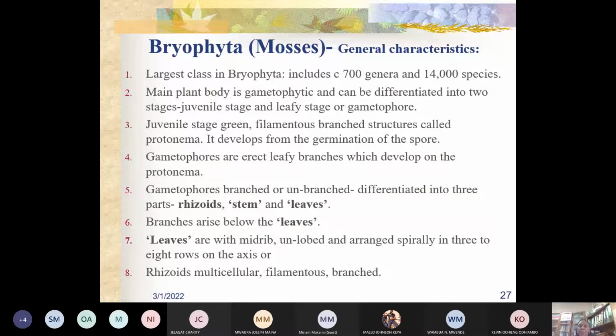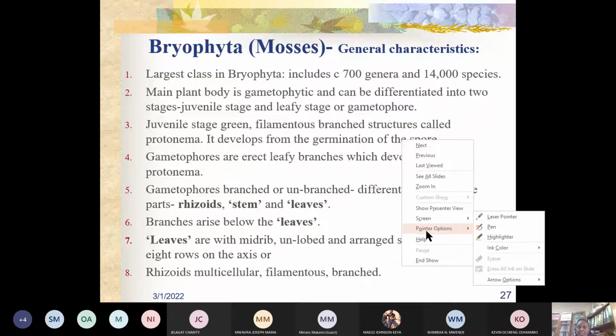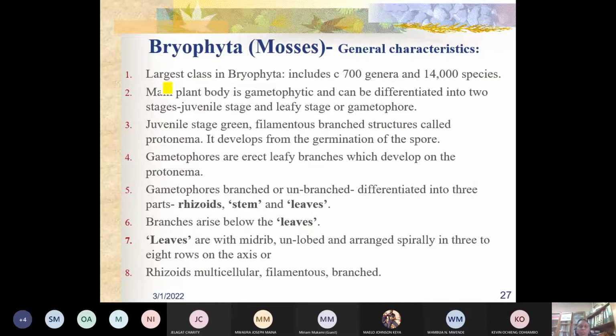So this is the category that has the largest number of species. So species and genera, 700 genera, 14,000 species. So it's the largest class.